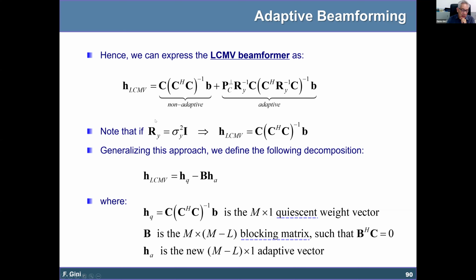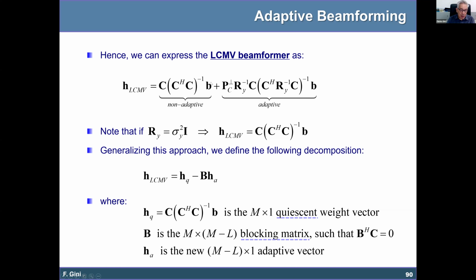If the data are white, so if the correlation matrix Ry is proportional to the identity matrix, the second term becomes the identity matrix, and so you have PC orthogonal times C. This is 0, so this term disappears. So the second term, which is adaptive, is present only if the data are not white.